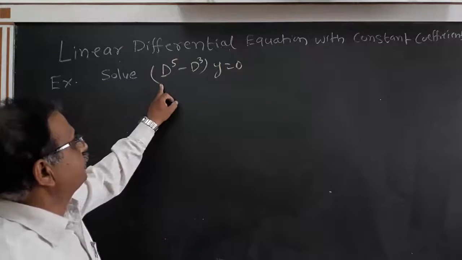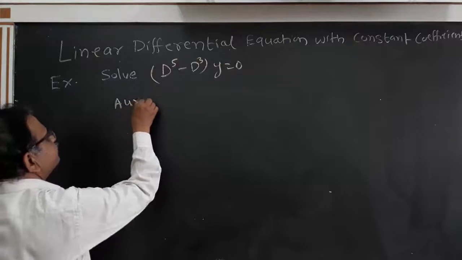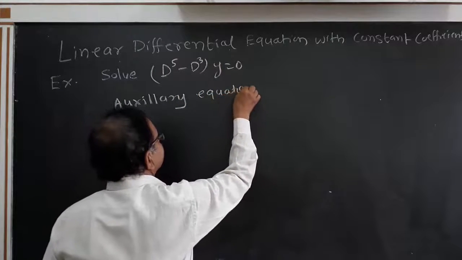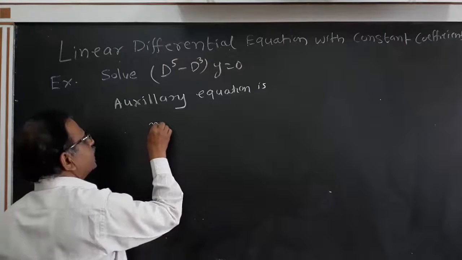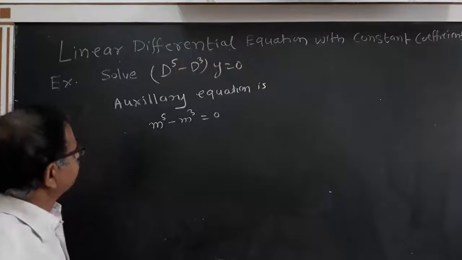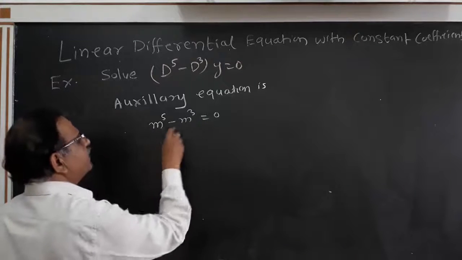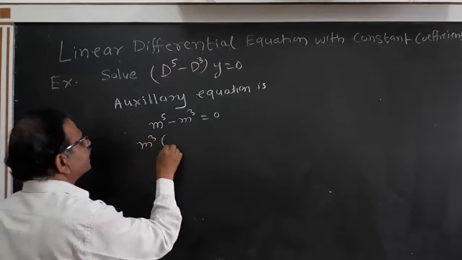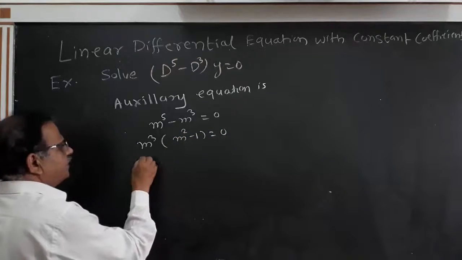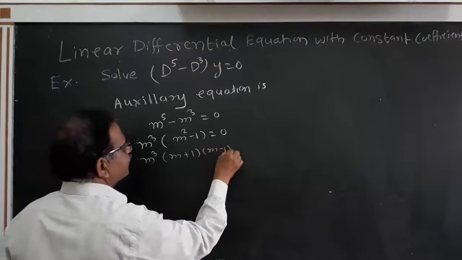Solve the equation D raised to 5 minus D cube y equal to 0. Its auxiliary equation is m raised to 5 minus m cube equal to 0. From this we can take m cube common, into m square minus 1 equal to 0. Therefore, m cube into m plus 1, m minus 1 equal to 0.